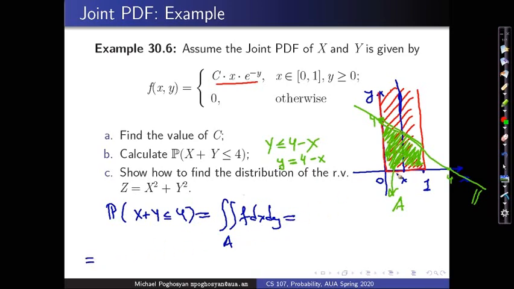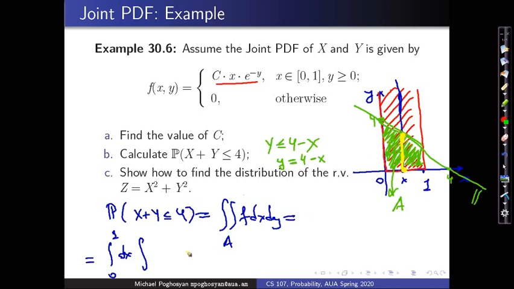So in a, this green part is our a, x is moving from 0 to 1, so 0 to 1 dx. And for each fixed x, say this is our x, inside our region a, y will run from this point to that point.